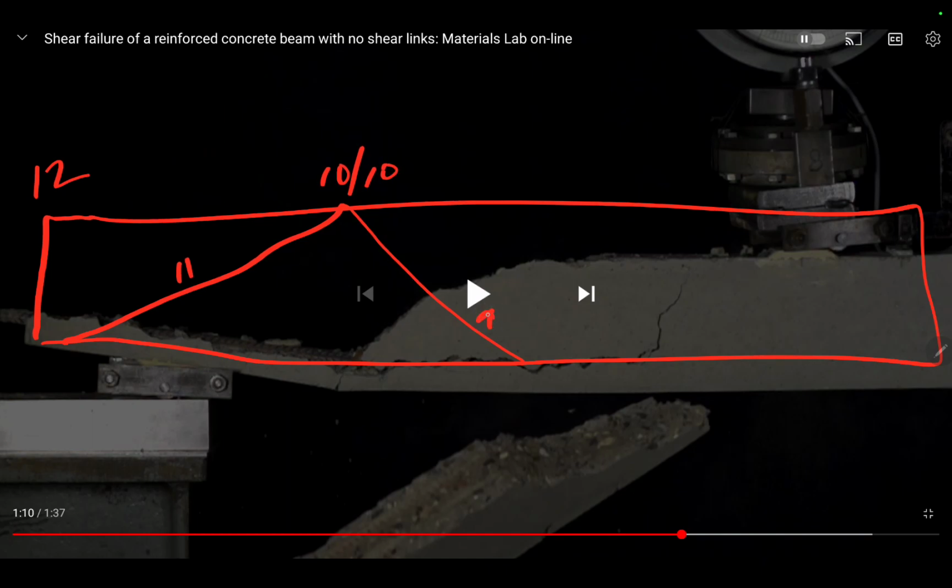This is your number 9. That's your 8. So this is 9, 8 nodal area where they meet. This is 9, 10 nodal area. 9, 10's down here. It's 10, 11 nodal area.